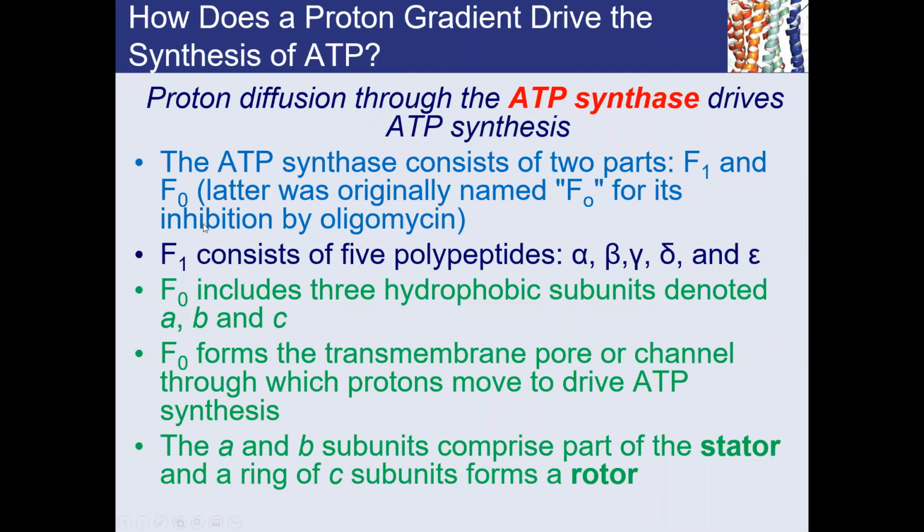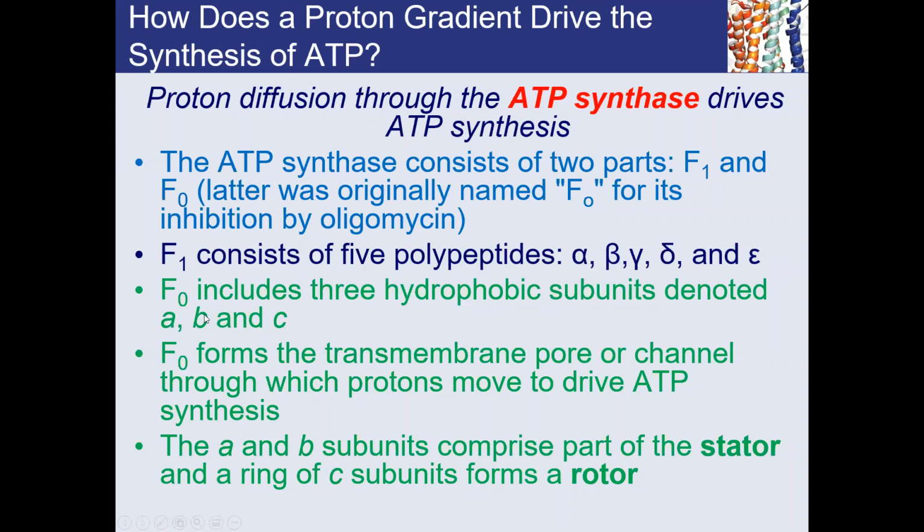The F1 domain consists of 5 polypeptides: alpha, beta, gamma, delta, and epsilon, and I'll show you how they are arranged. The F0 domain includes 3 hydrophobic subunits that are denoted by A, B, and C, and you see them in yellow. I'll show you in the next slide.